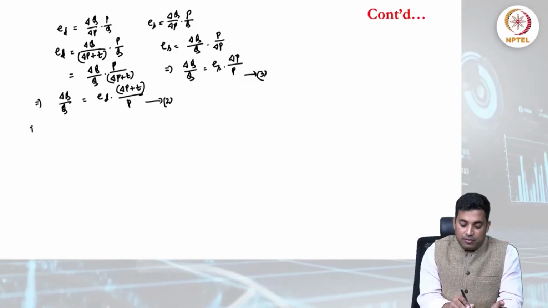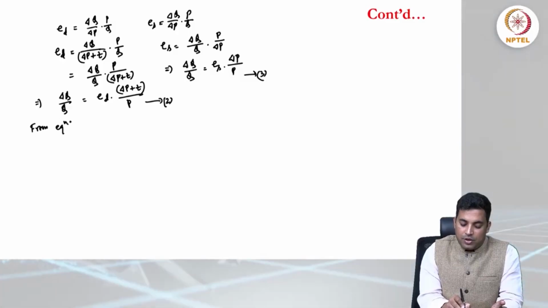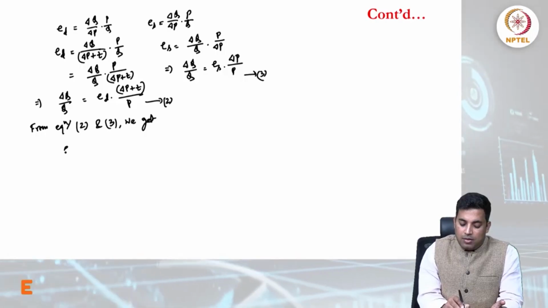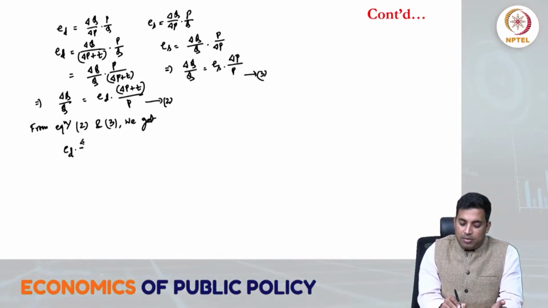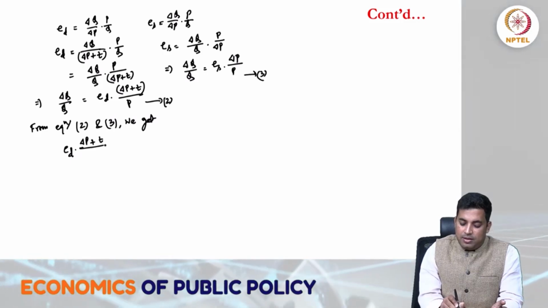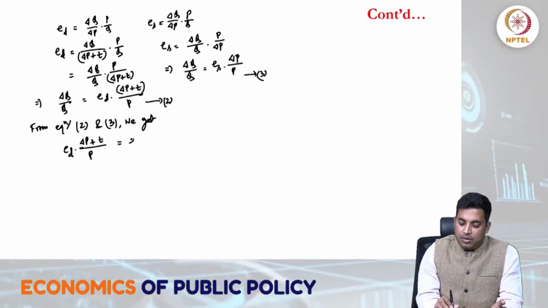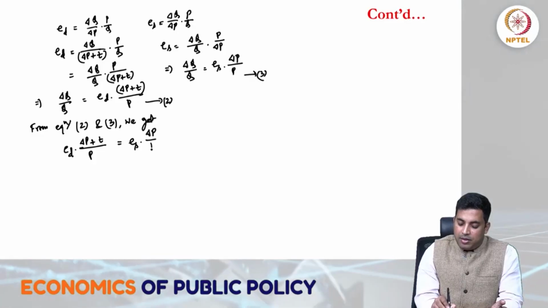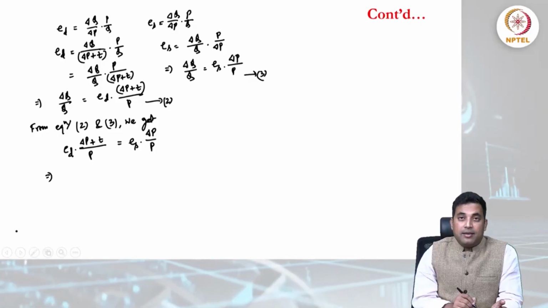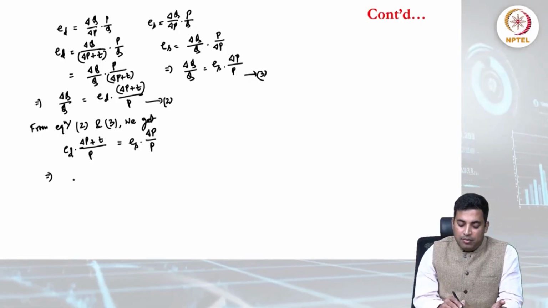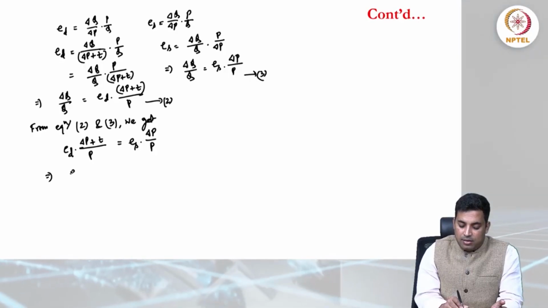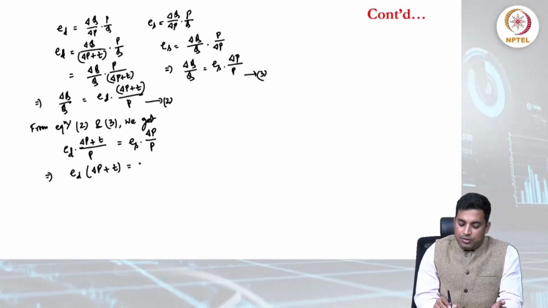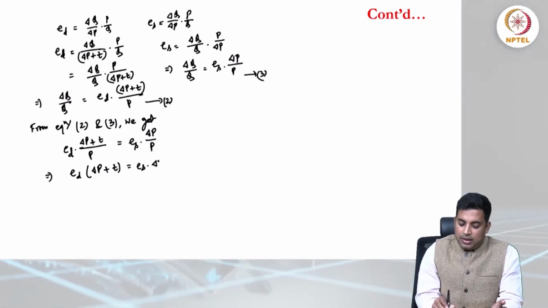Now from equations 2 and 3 we get ED multiplied by (delta P plus T) divided by P, which equals ES, the price elasticity of supply, times delta P by P. So now one can write it this way, like this P and P will get cancelled out, and then ED (delta P plus T) equals ES delta P.